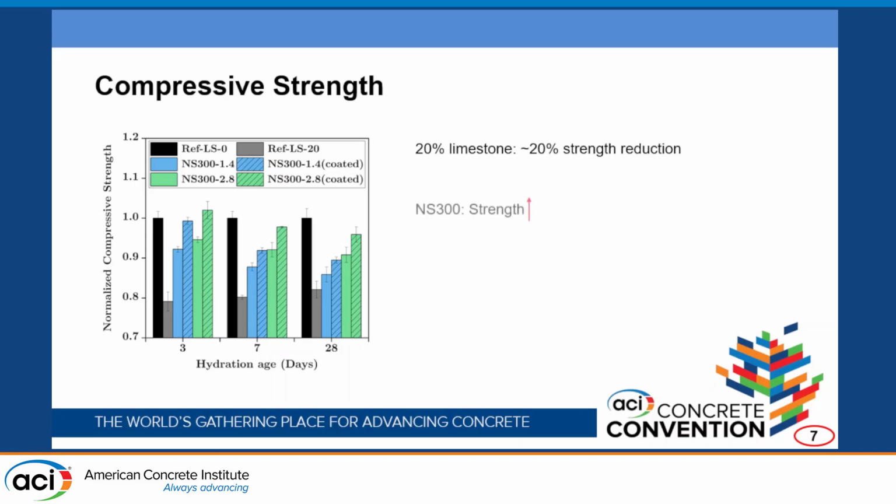You can see that using 20% limestone resulted in almost a 20% reduction in compressive strength at different ages. And when we used nanosilica, either coated or added separately during mixing, we got an improvement in the compressive strengths. But at later ages, the effect of the nanoparticles became less, because we used a very small quantity of nanoparticles, so the majority of them were consumed within the first few days of reaction.